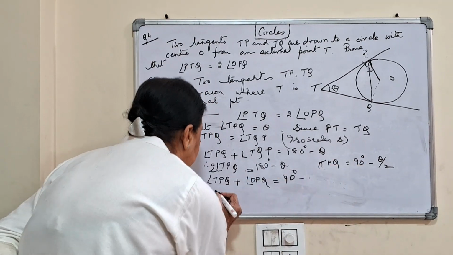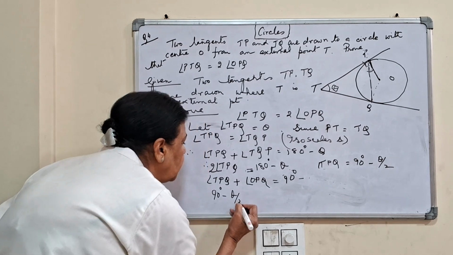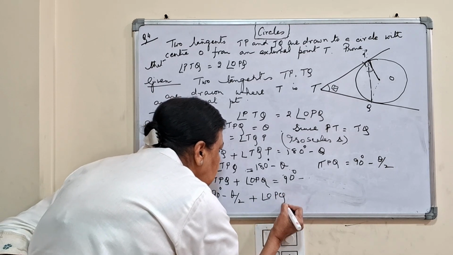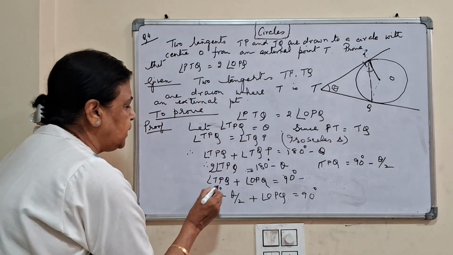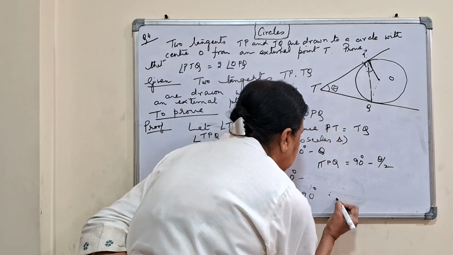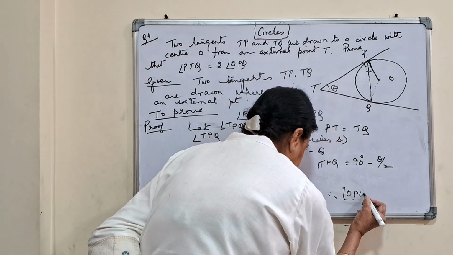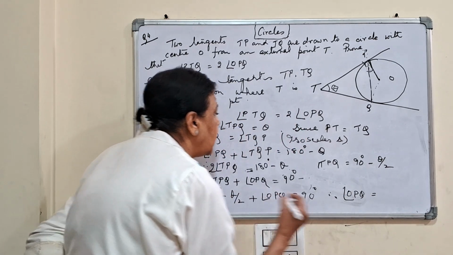Then I'll write angle TPQ, which I have just found to be 90 minus theta by 2, plus OPQ is equal to 90 degrees. So 90 will be cancelled on both sides. Therefore, angle OPQ is equal to theta by 2, what is theta?